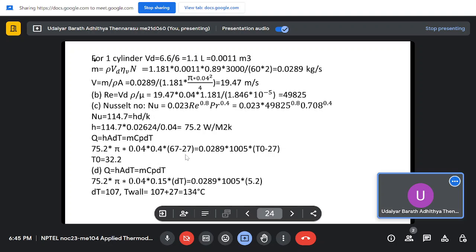So 67 minus 27 is the driving temperature difference for heat transfer between the manifold and the air, which will equal 0.0289 into 1005, the Cp value, into T naught, the air entering the cylinder, minus 27, the air entering the manifold. So inlet minus exit is the amount of energy picked up by the air in the manifold. So this will come out to be T naught as 32.2.